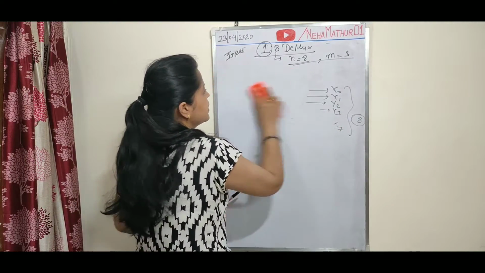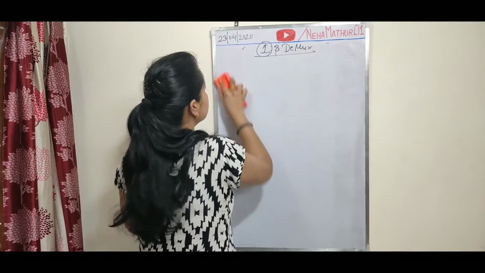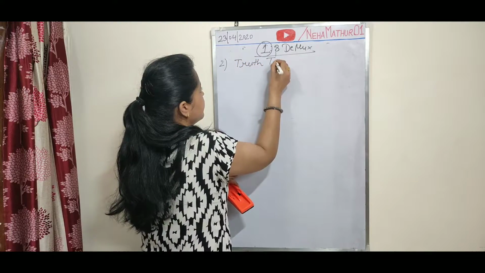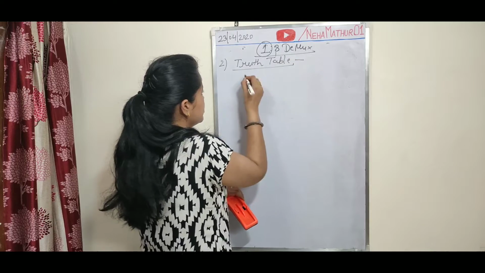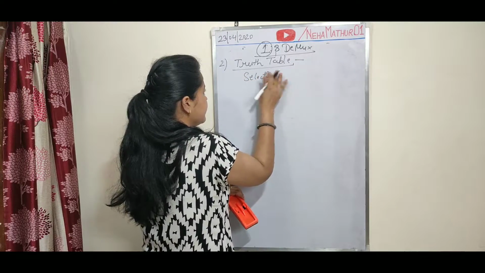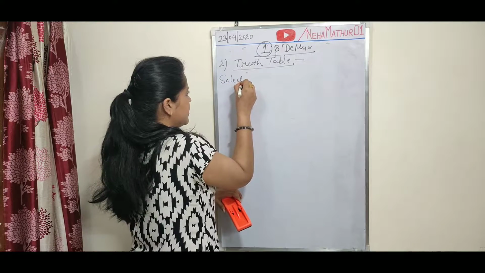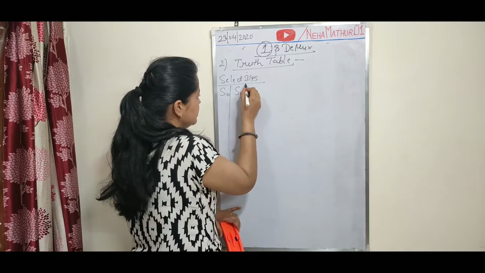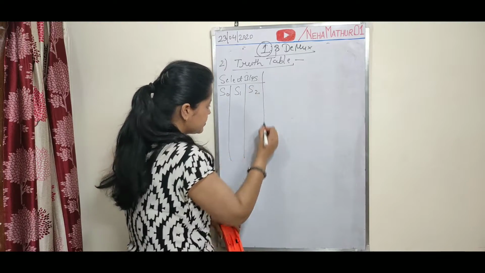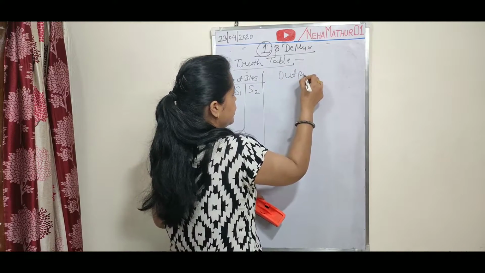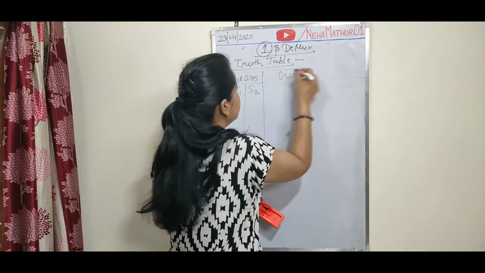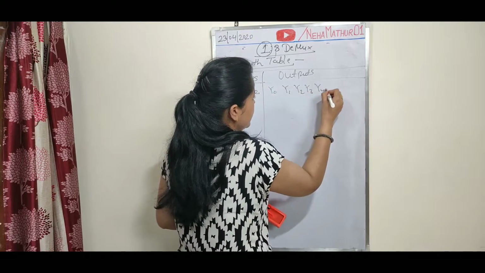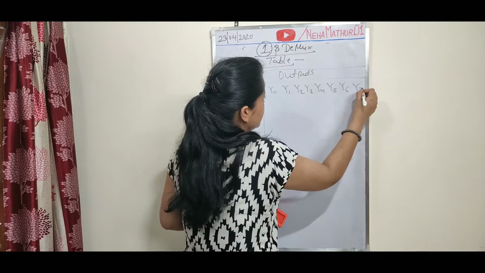Now its truth table. Truth table between select inputs, which are S0, S1 and S2, and the outputs, you have 8 outputs, Y0, Y1, Y2, Y3, Y4, Y5, Y6 and Y7.